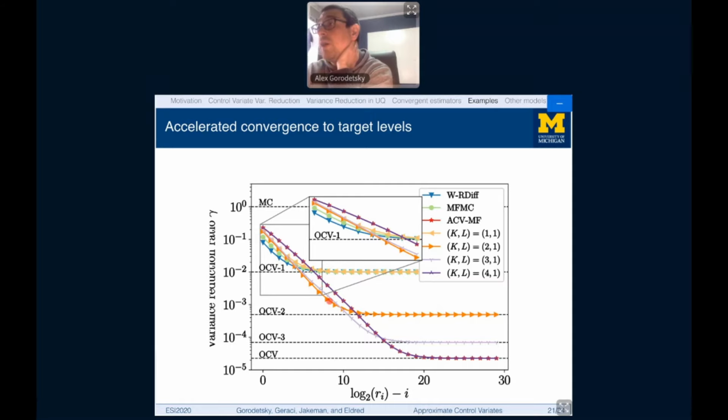And so you might be able to do a hybrid approach where you select on the fly K and L to get an optimal variance reduction for a given level set of effort, and that's what we do.